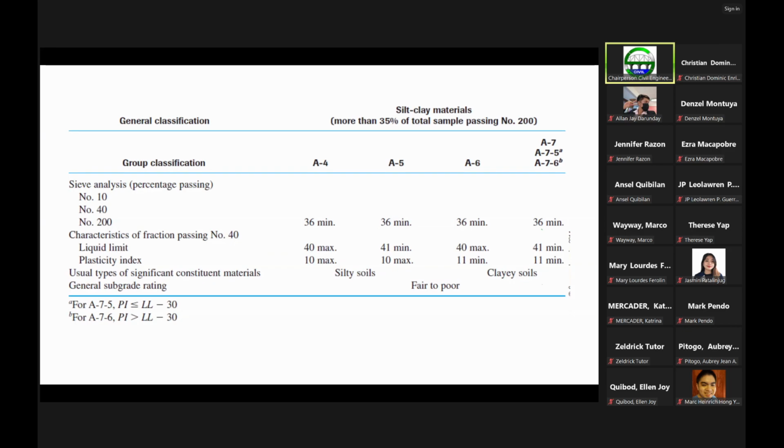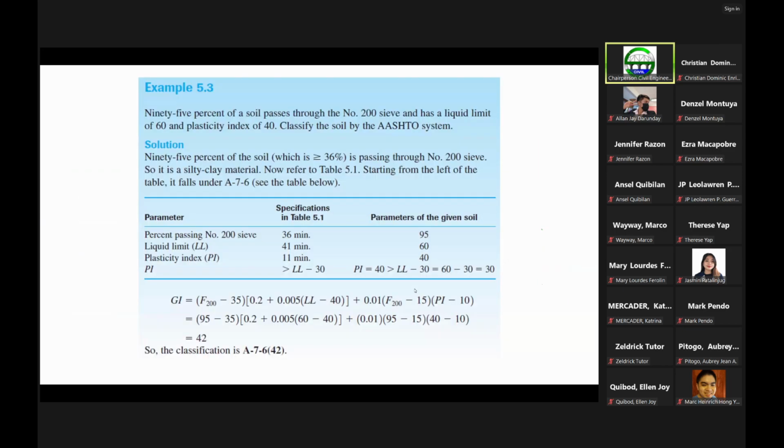Now take note, for A-7, we have two subtypes, either A-7-5 or A-7-6. For these two subtypes, let's compare the PI against the liquid limit. You have the liquid limit minus 30.